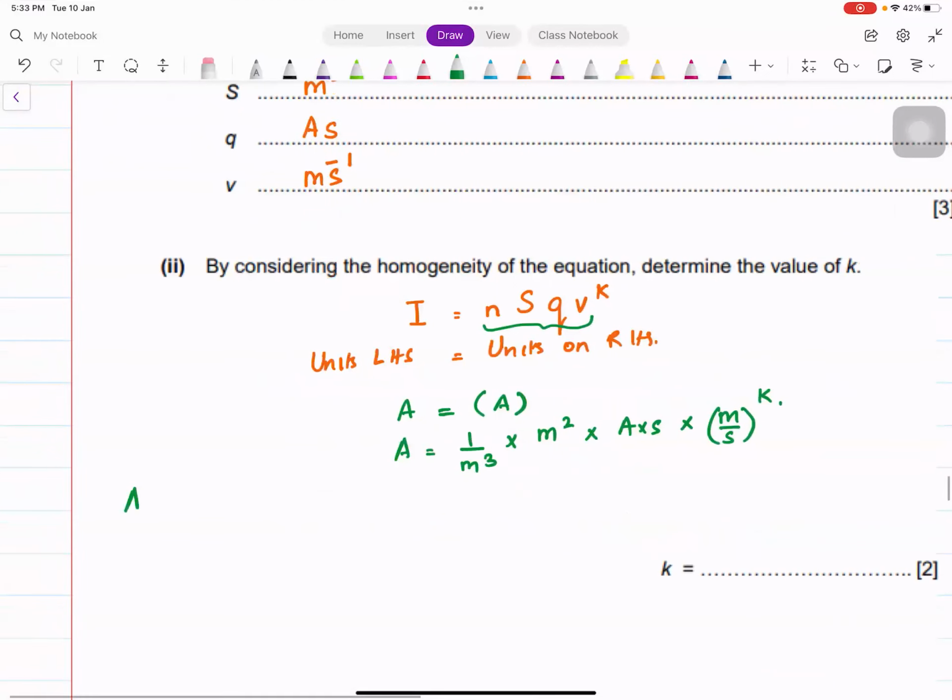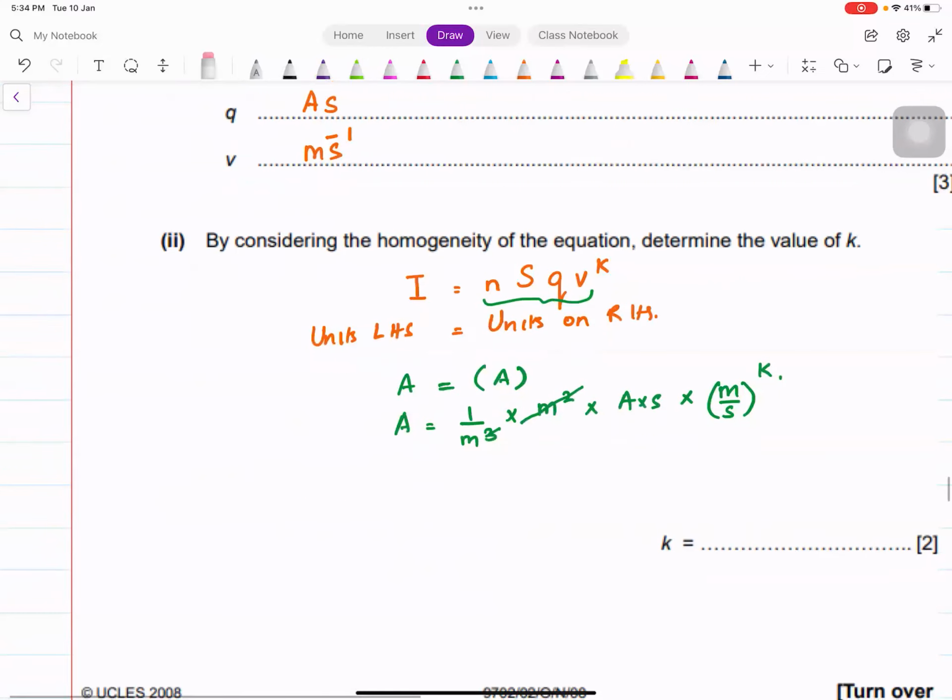So here, ampere equals to, this meter square can be cancelled by meter cube, right? So it is going to be just 1 upon meter times ampere seconds, times, let me just move it to the side.